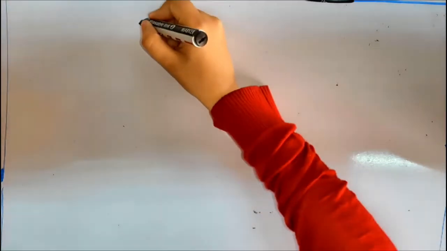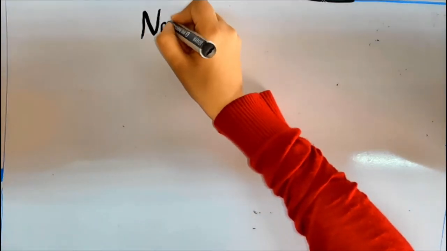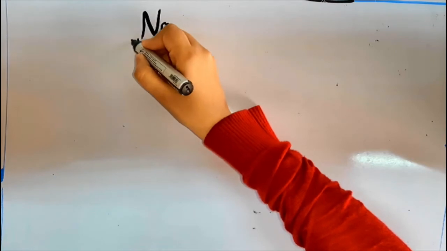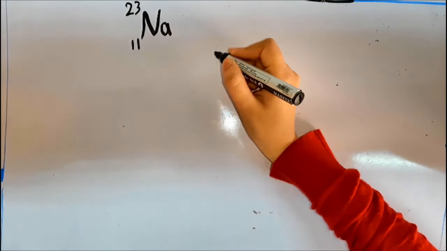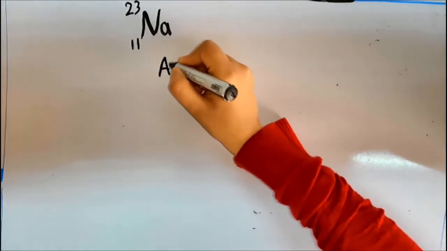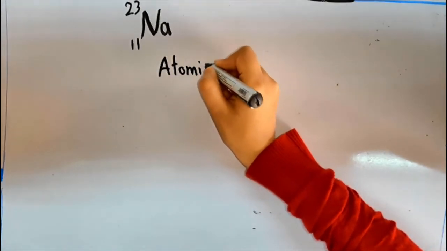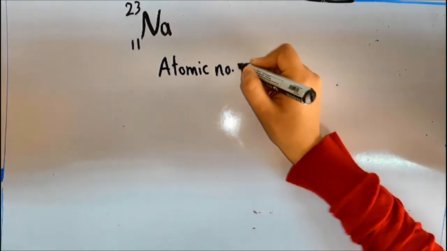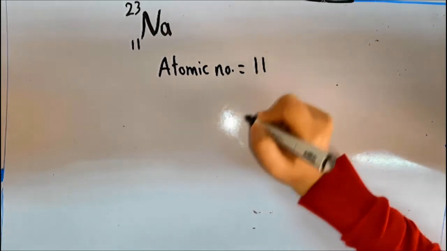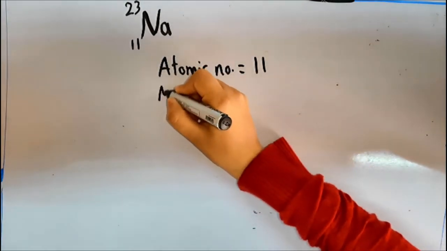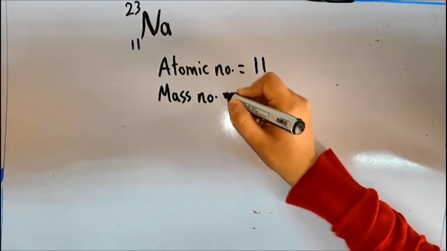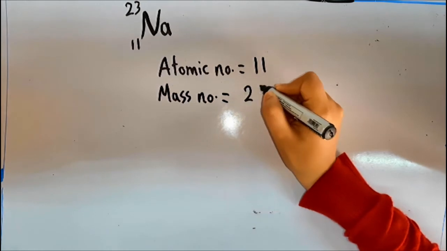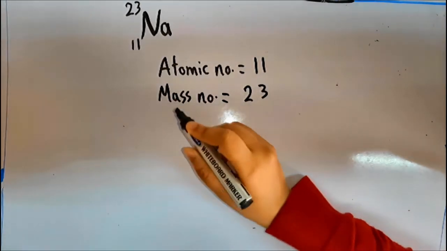If I write sodium, its atomic number equals 11 and its mass number equals 23. What is the atomic number of sodium? It equals 11. What is the mass number of sodium? It equals 23.